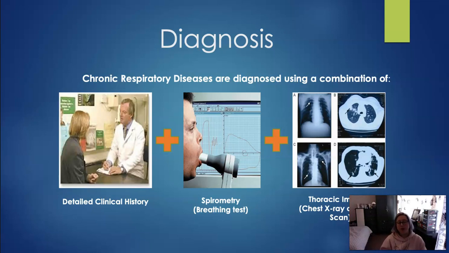And then it might be that the practitioner also recommends sending the patients for chest x-rays to make sure that there's nothing serious hiding around in the lungs or within the chest cavity that could be causing the underlying respiratory problem. Or they might have CTs or MRIs or a combination of all of these things.